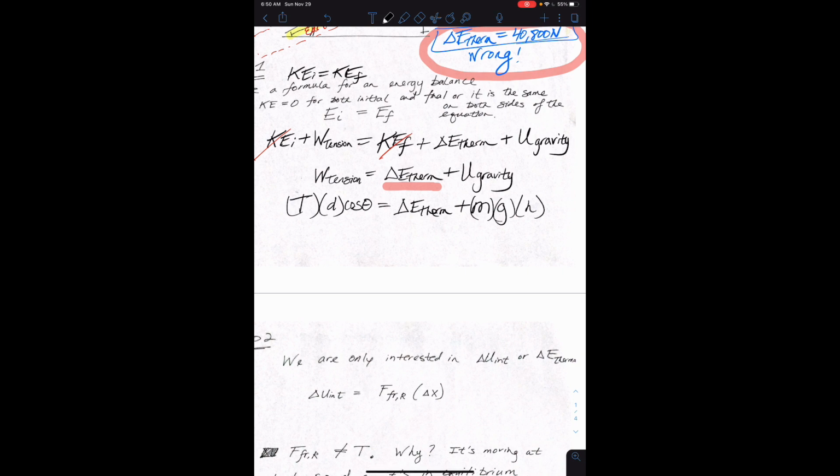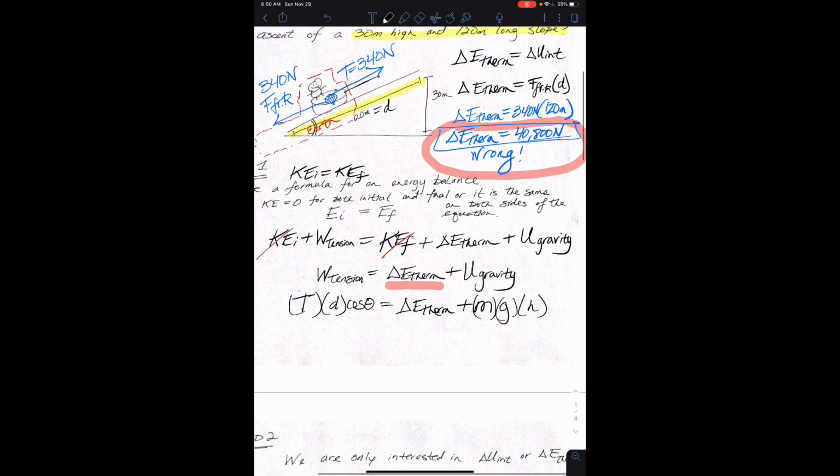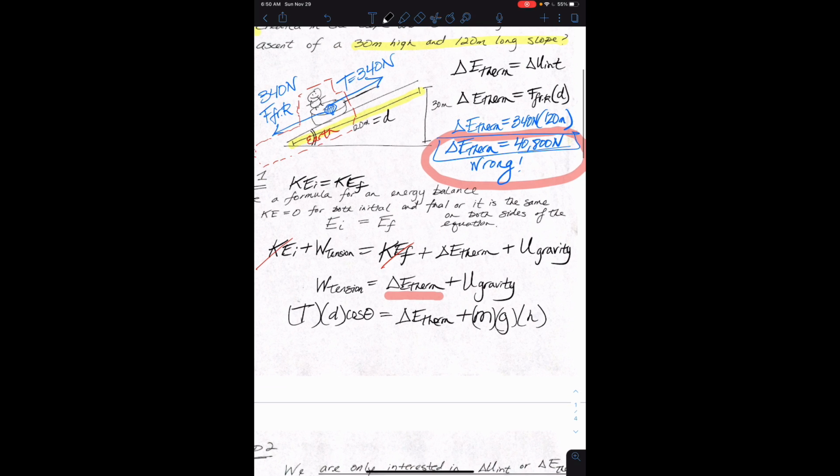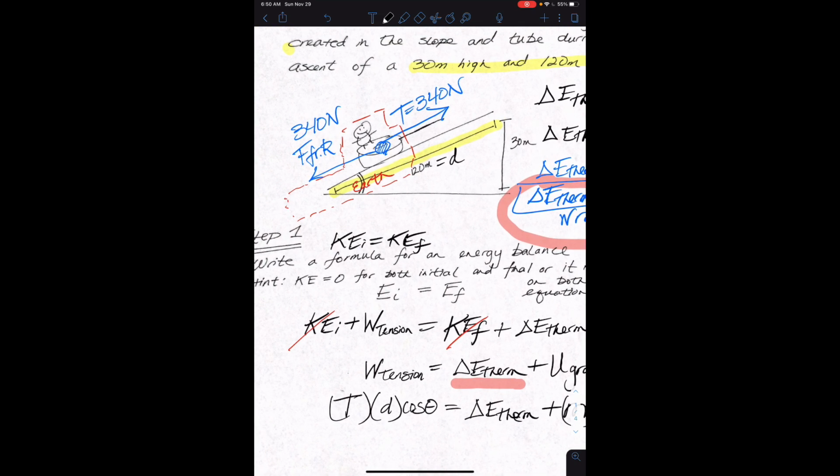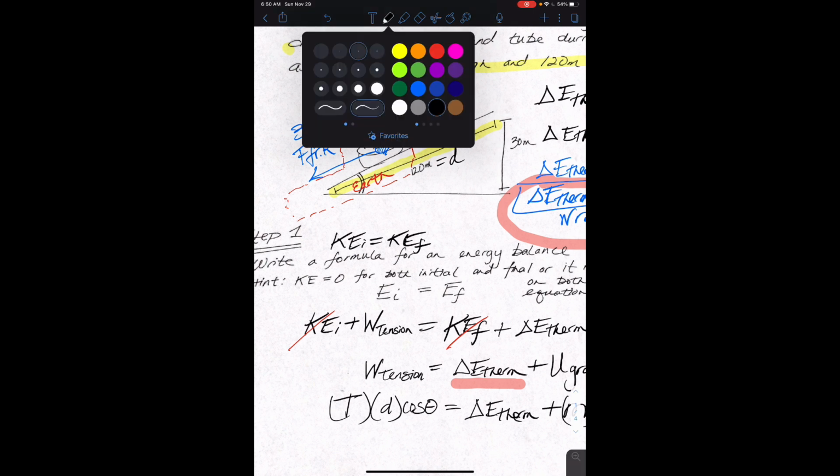Okay. So let's go. What is theta? Well, theta is the angle between the force T and the distance D. We might have to do some trig here, right? We do know two sides of this triangle, but do we have to or not? Let's think about this.